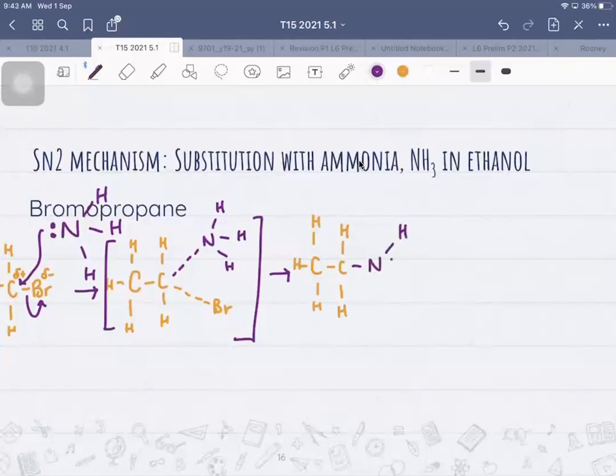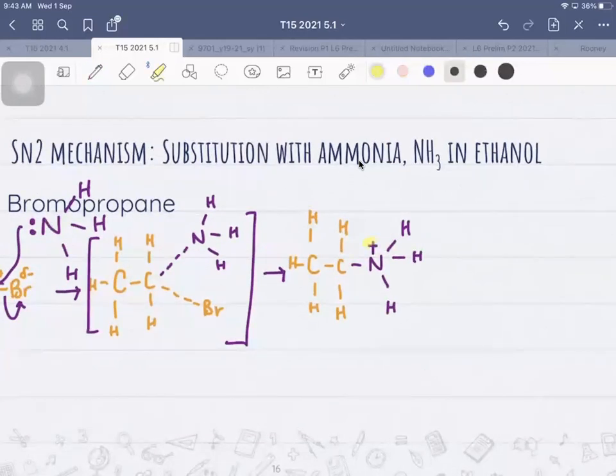But remember, you still have 3 hydrogens here, so you must have that positive charge on nitrogen. Okay, so this is something that's almost always forgotten, the positive charge on nitrogen, because there are 4 bonds on nitrogen, and you know that nitrogen can form 3 bonds.